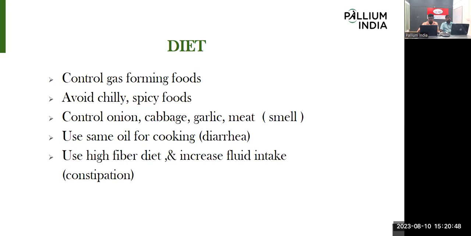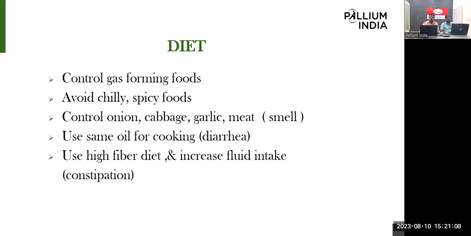That we need to educate the patient. Onion, cabbage, and similar gas-forming or smelly foods they need to avoid. Garlic and meat items also they need to avoid or control. Then they need to use the same cooking oil for cooking.